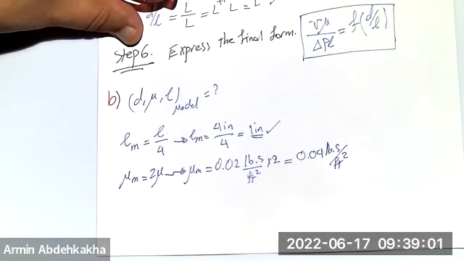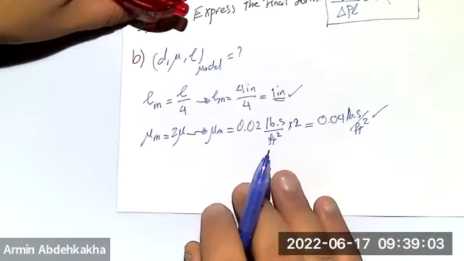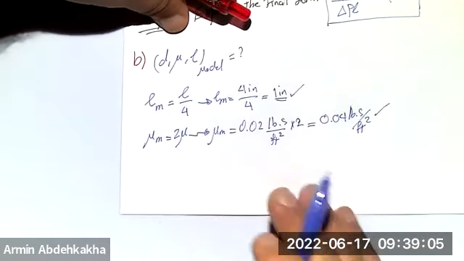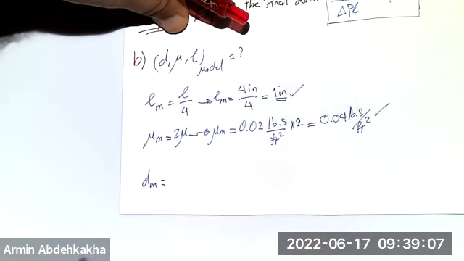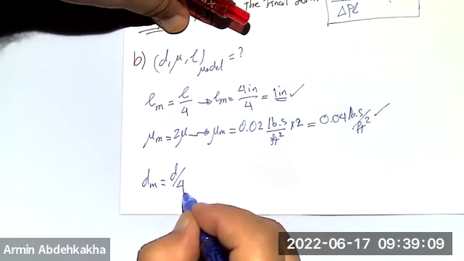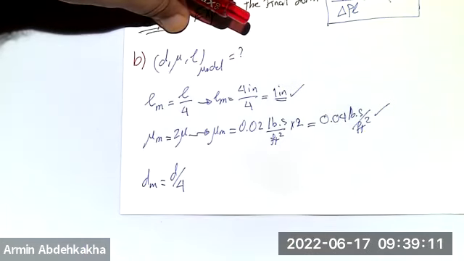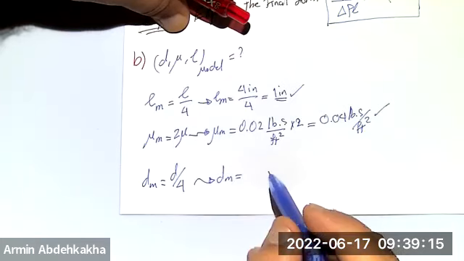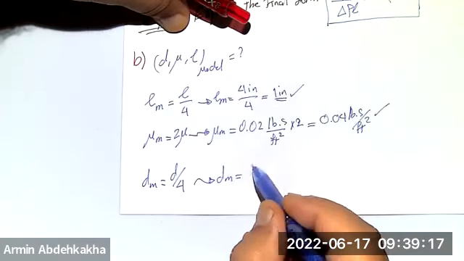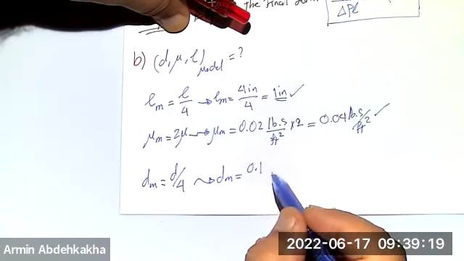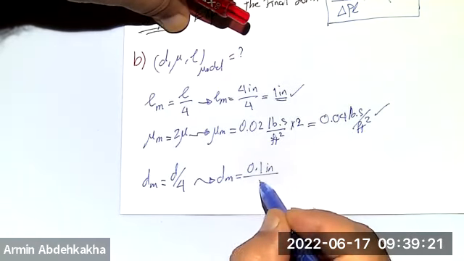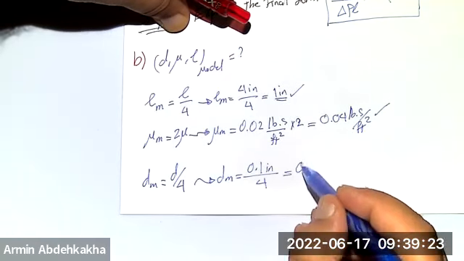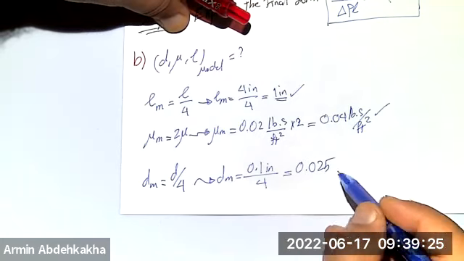That's your final answer for mu of the model. And what is the D of the model? Again, the geometry scale is D over 4. D of the real case is given as 0.1 inches, and over 4 gives you 0.25 inches.